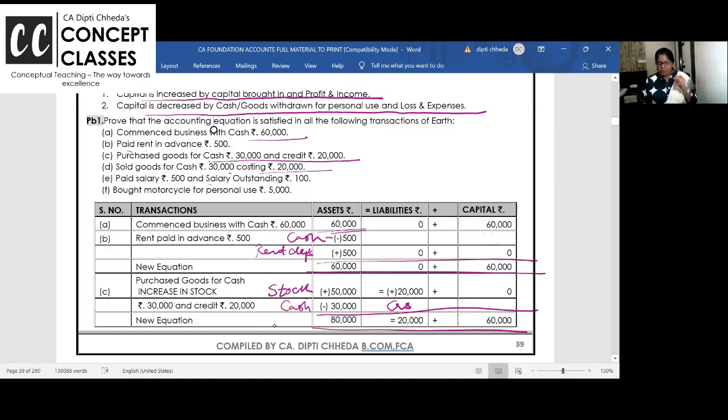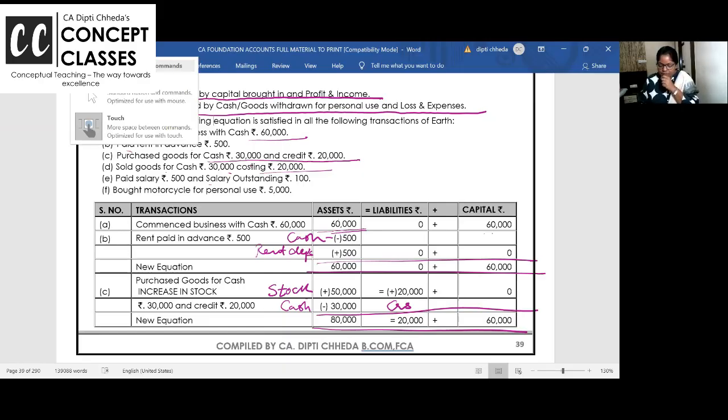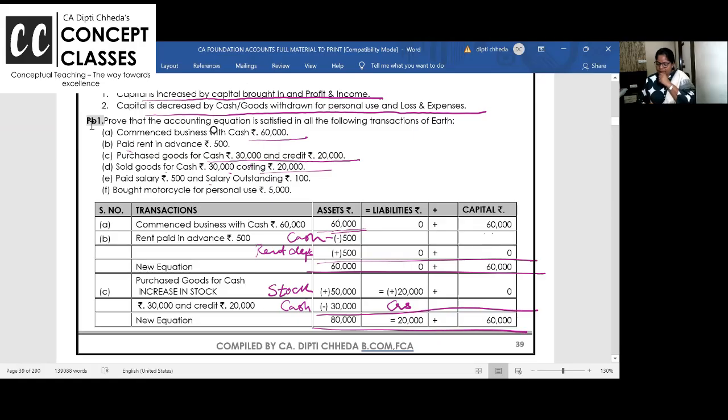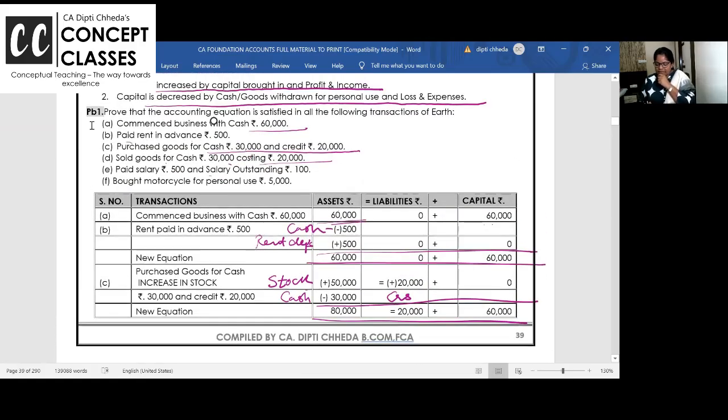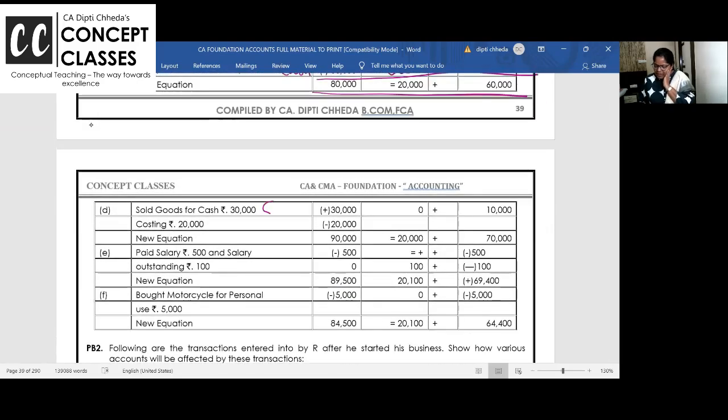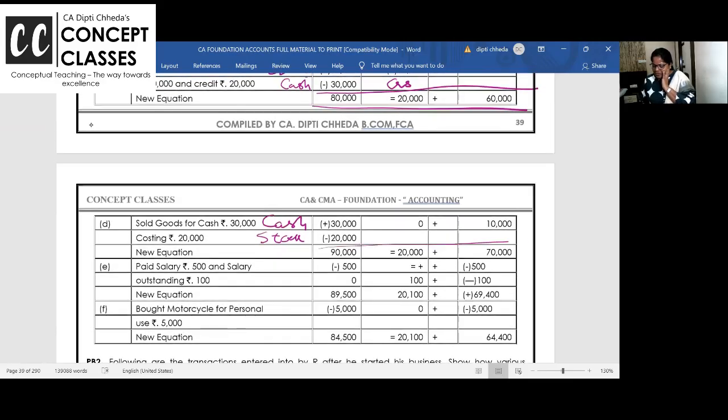Now what to do? Look at this. You have sold the goods for cash. So is cash coming in 30,000? Is stock going out 20? So what is net addition?